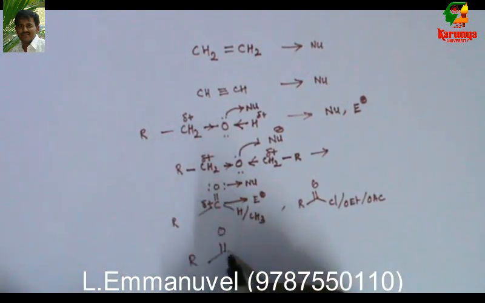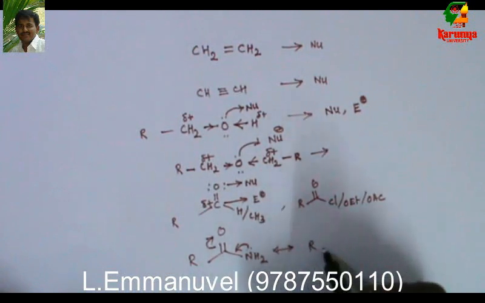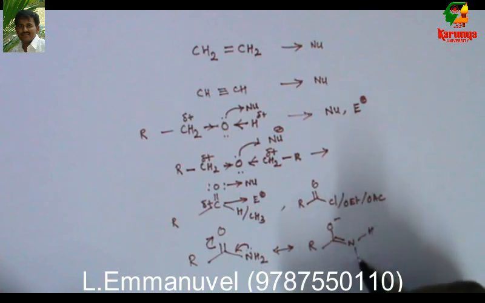What about amide? Amide is something different from the earlier cases because it has a lone pair of electrons which is involved in resonance. Because of that, it exists like this.